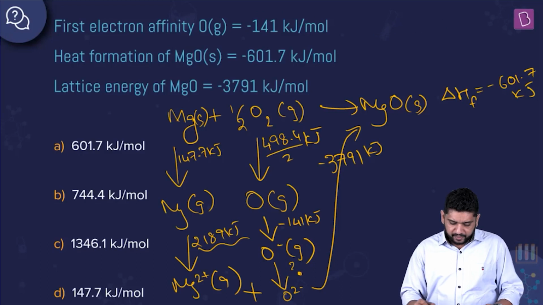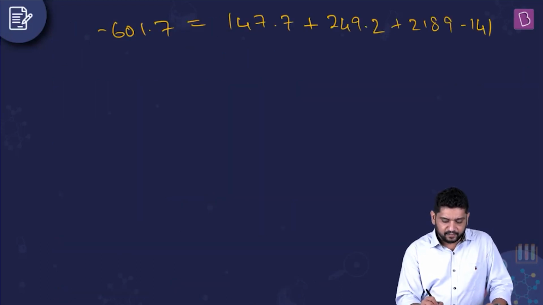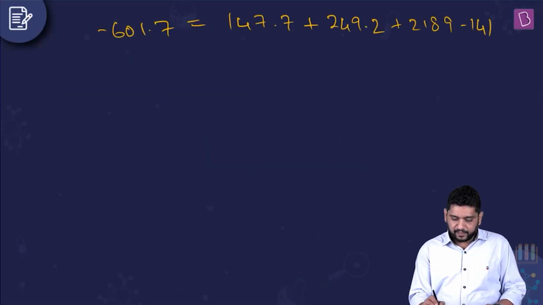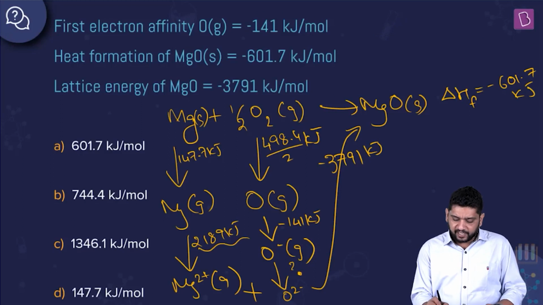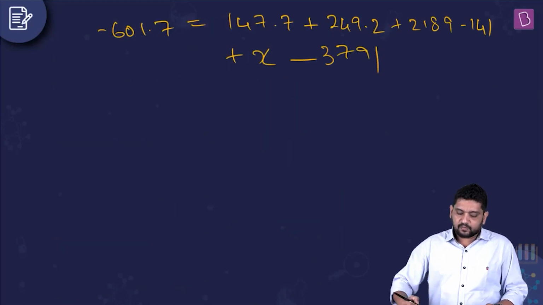Then we have 141 with a minus sign. Basically it is the first electron gain enthalpy, which is negative 141. Then we have the unknown, so plus what we need. Let's call it X. Then minus 3791. This is what we are seeing.